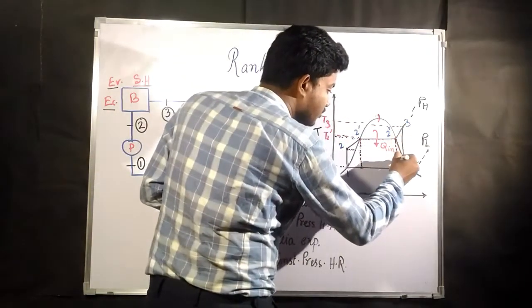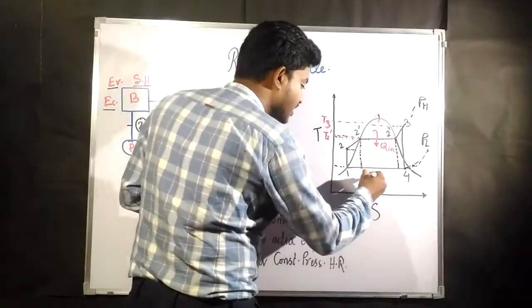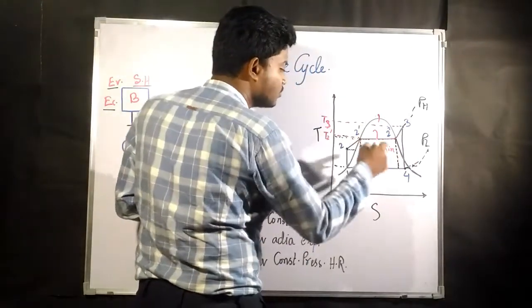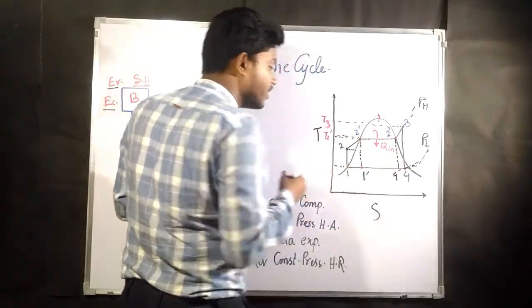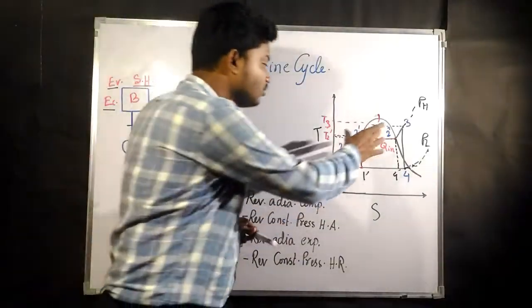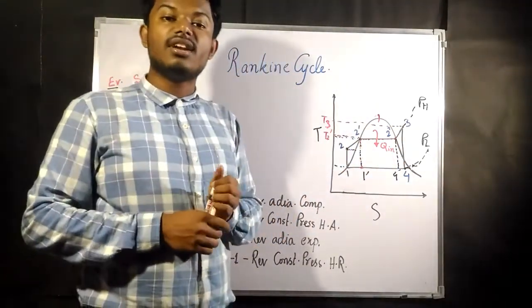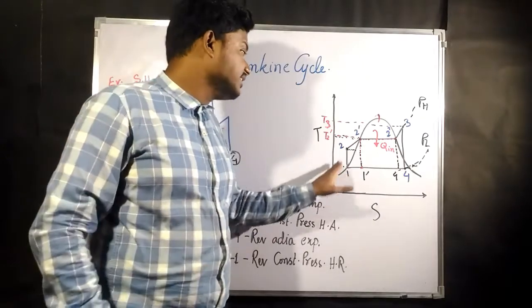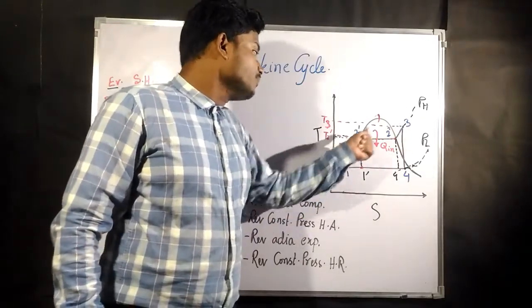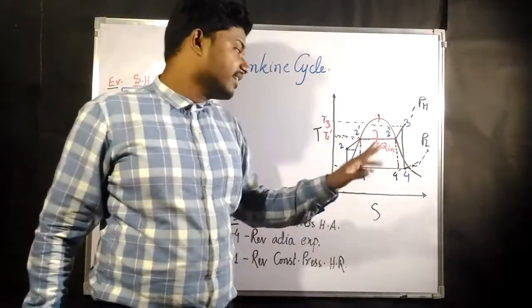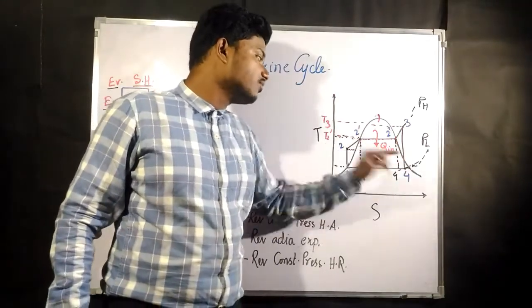Now, if you compare with the Rankine cycle, the Carnot cycle was nothing but 1 dash, 2 dash, 2 double dash, and 4 dash. This was our ideal Carnot cycle, and 1, 2, 3, and 4 is our Rankine cycle.